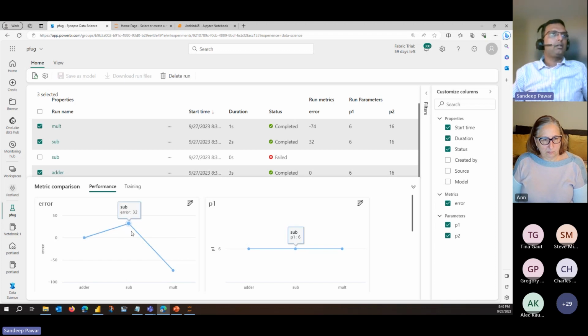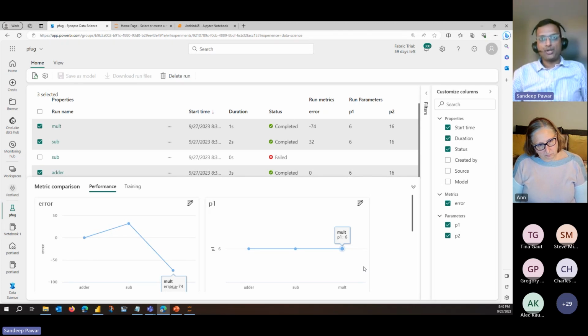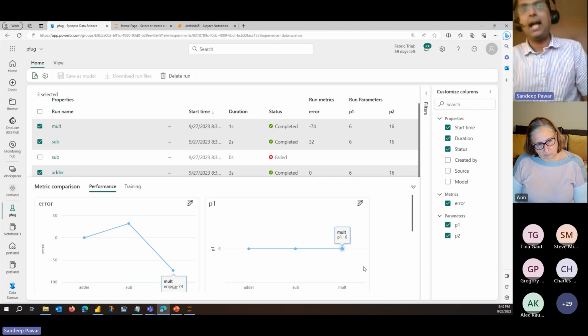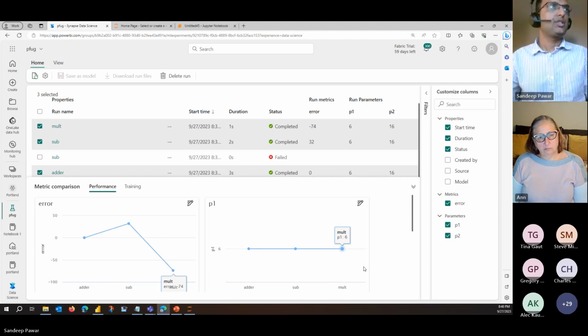For my subtractor, my error is 32, and for multiplier, my error is minus 74. The number that I'm looking for is zero. If the error is zero or as close to zero as possible, then that tells me the function that I created is close to the ground truth, the actual z value that I have. So adder is my right solution.